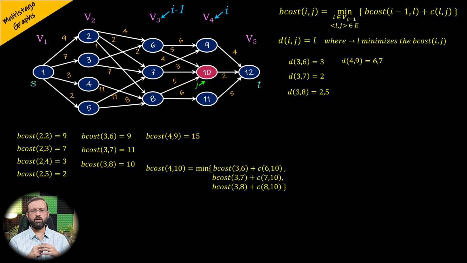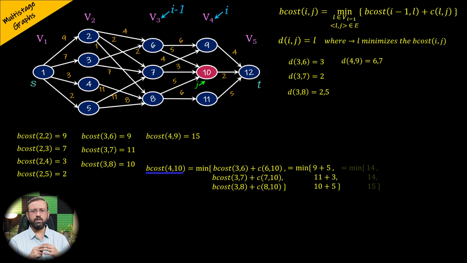So the b cost of stage 4 and vertex 10 is equal to the minimum of b cost 3 comma 6, which is 9, plus the cost of the edge 6 comma 10, which is 5, and the b cost of 3 comma 7, which is 11, plus the cost of the edge 7 and 10, which is 3, and the b cost of 3 comma 8, which is 10, plus the cost of the edge 8 comma 10, which is 5.